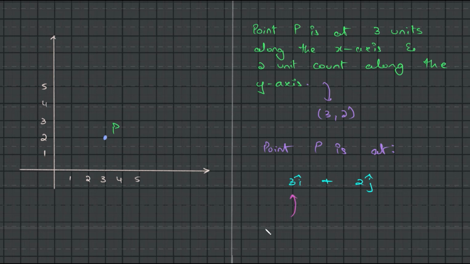This represents the statement that it's 3 units along the x-axis and 2 units along the y-axis. So instead of telling that, we're just writing this. That's it.